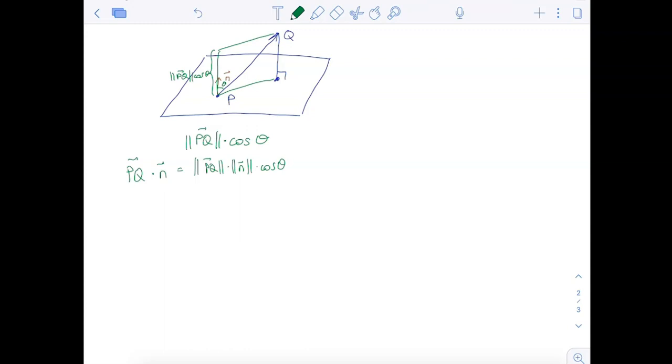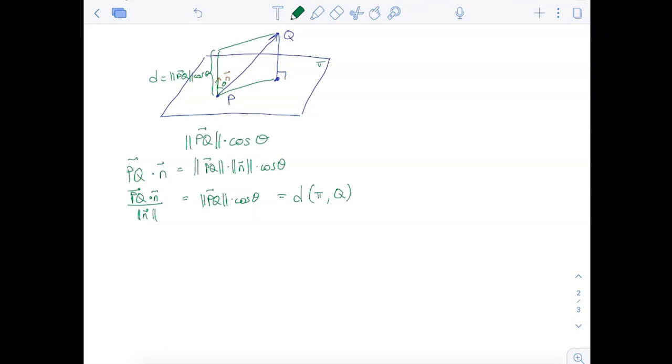And therefore, if I divide by the norm of n, I will get norm of PQ cosine theta equals PQ dot n over norm of n. And that is what I'm looking for. It's exactly the distance between the plane, let's call the plane pi, and the point Q.